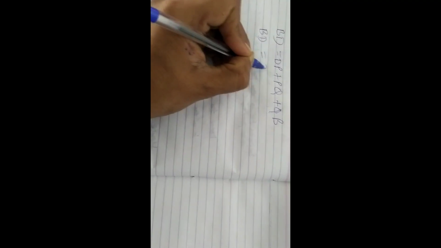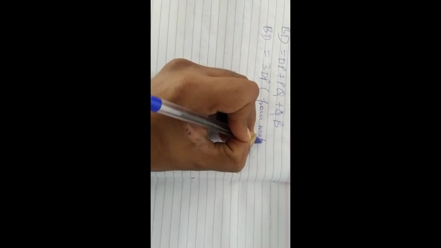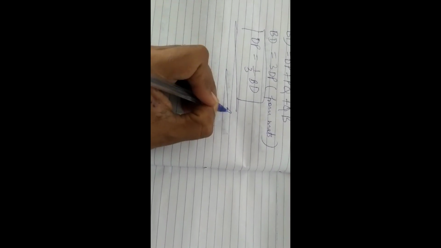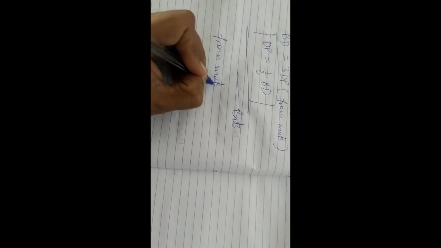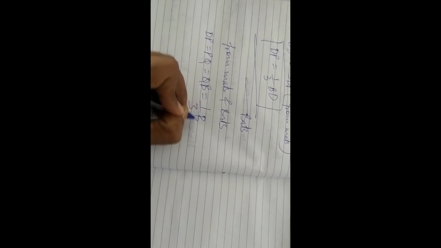So BD will be equal to 3 times DP. So DP will be equal to 1 by 3 of BD. This equation you can say 6. So from 5 and 6, DP is equal to PQ is equal to QB is 1 by 3 of BD. Hence proved.